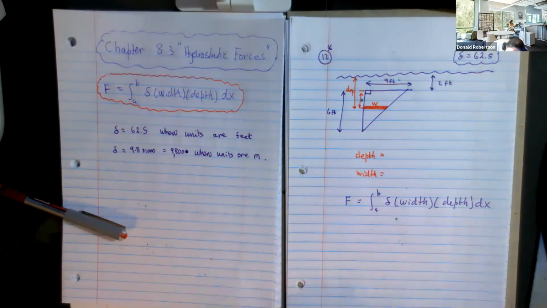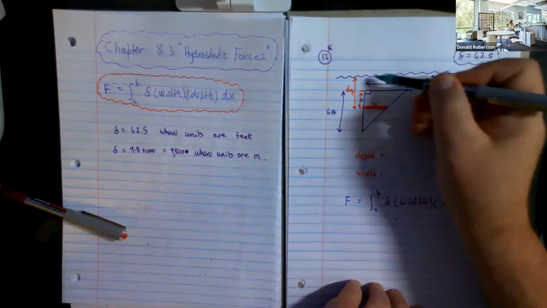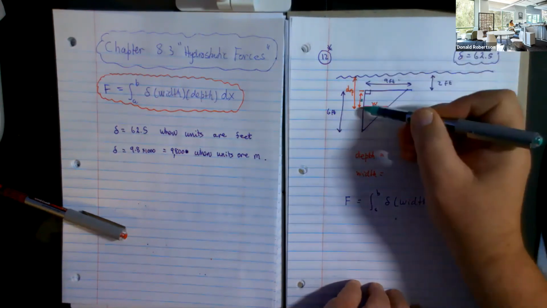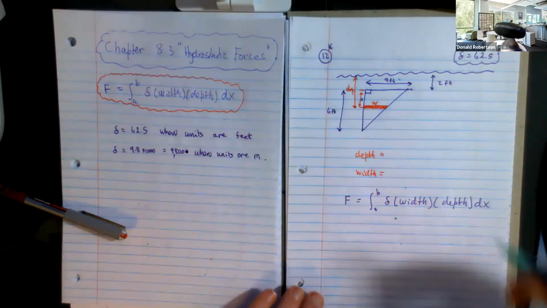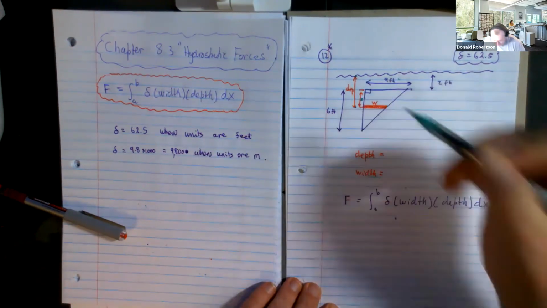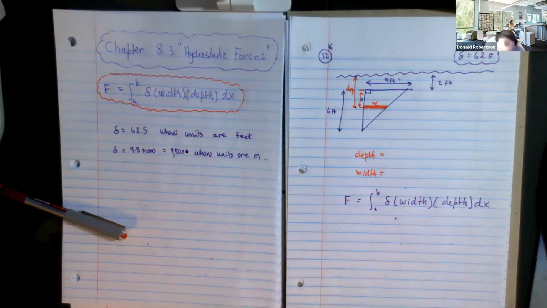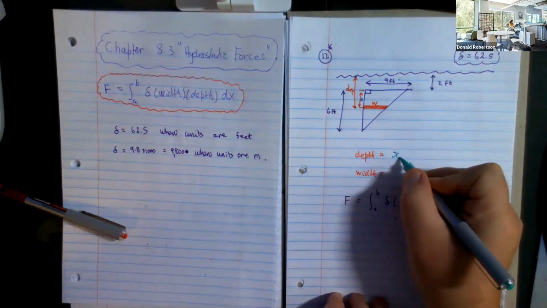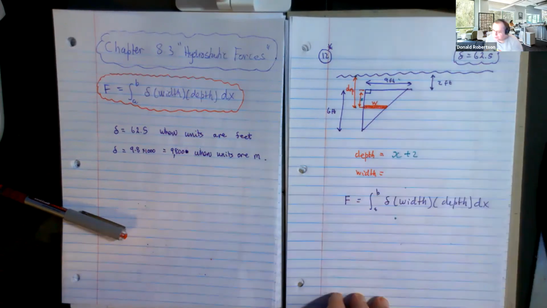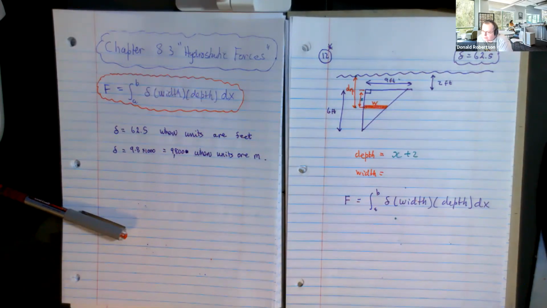Which means that the depth is the distance from the surface to this strip. Now, in terms of x, what is the distance from here to here? 2 plus x. Agreed? 2 feet plus x, which I'm just going to call x plus 2 because I want to. Are you happy about the depth?